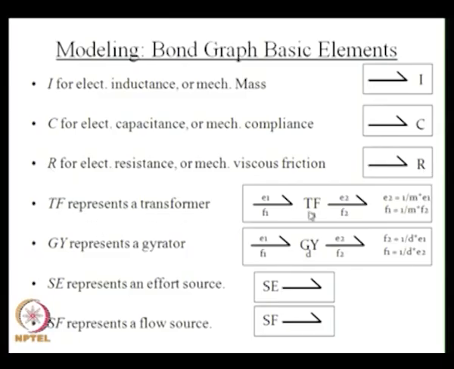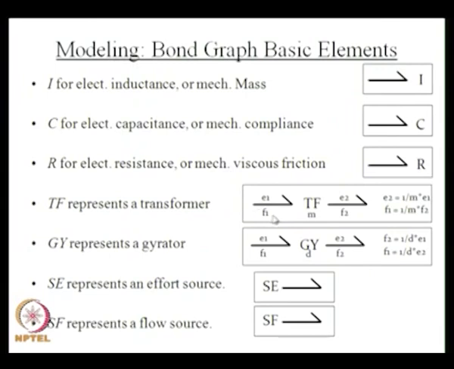TF represents a transformer. So whenever there is a transformation of energy from one form to another form, or rotary motion to linear motion, or you can have a gearbox where rotary motion is transformed to another rotary motion with a ratio of power, then we can represent it by an element called TF. So here you can see the TF, effort 1 and flow 1, E1 and F1, are the inputs.